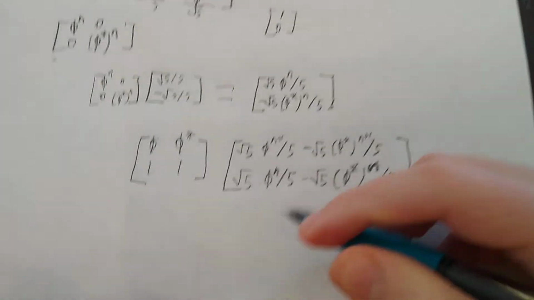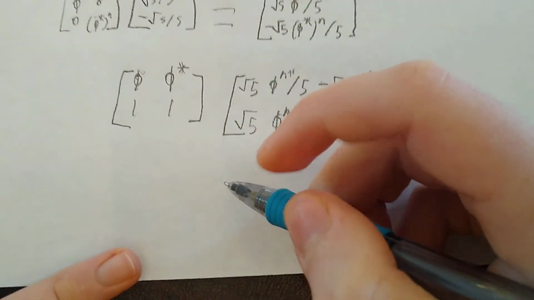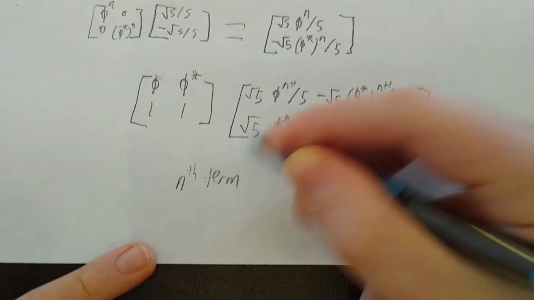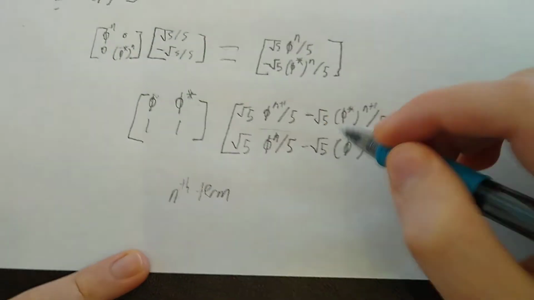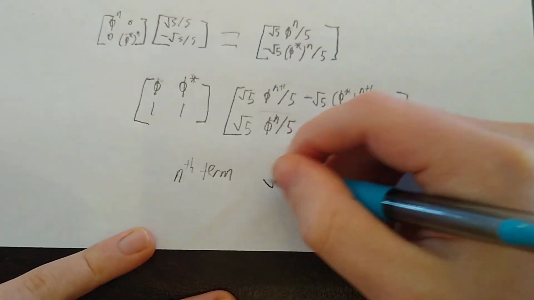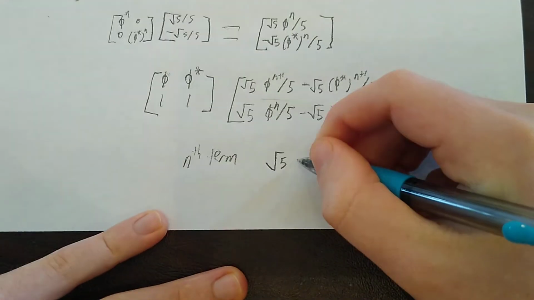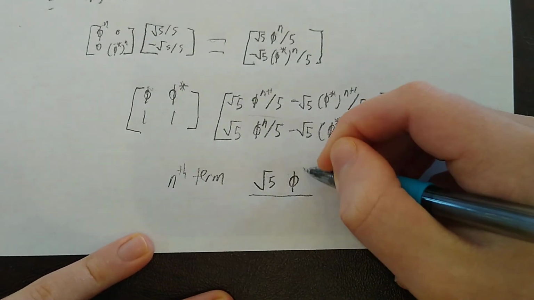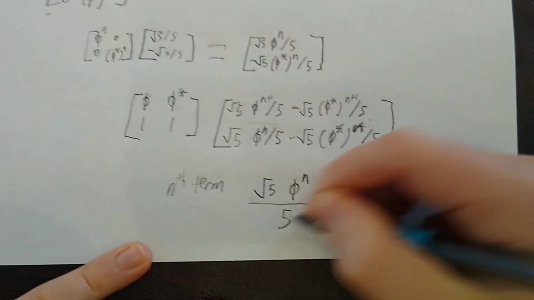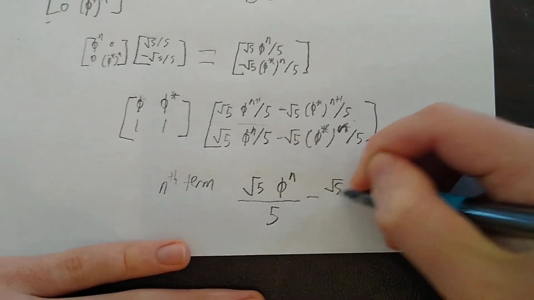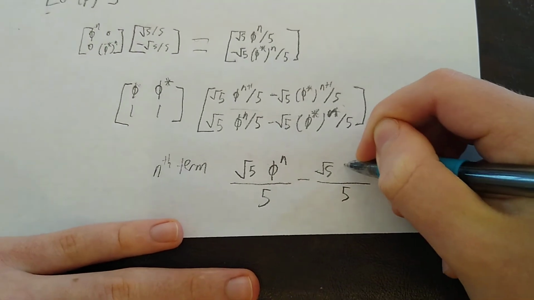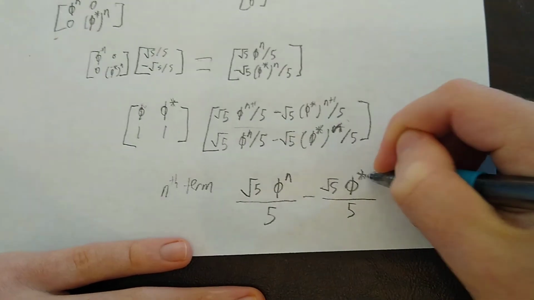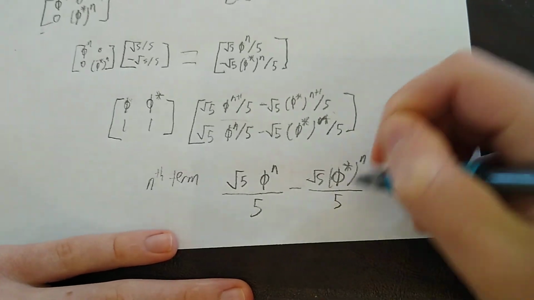So we can see that the nth term is going to be equal to this, which is going to be equal to the square root of 5 times phi to the power of n over 5 minus the square root of 5 times phi prime to the power of n over 5.